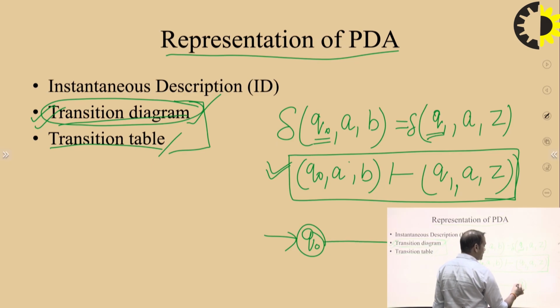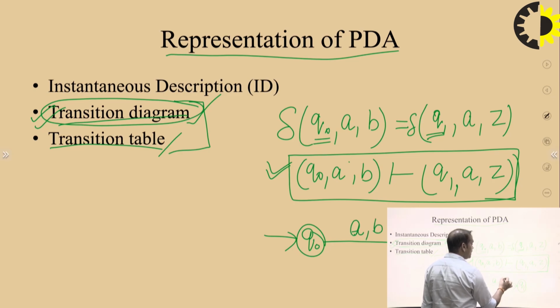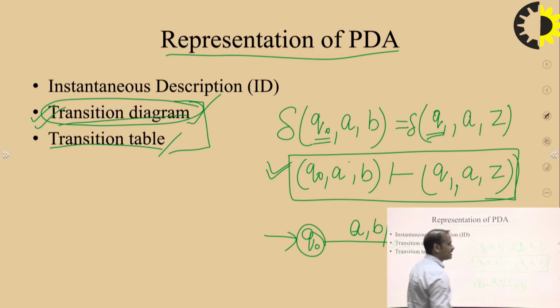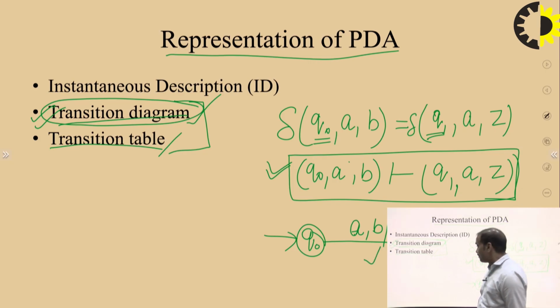We draw a directional edge from q naught to q1 and mark here the input a, the top of the stack b, and the operation to be performed, here z. That means we have to convert b into z, so after the slash we write z. In the case of no operation, or in the case of a delete operation or pop operation, we have to write a comma b slash null.